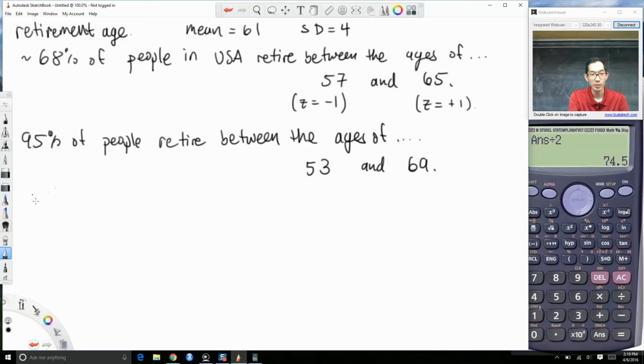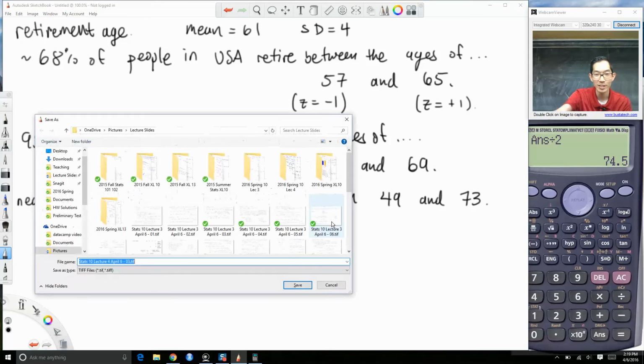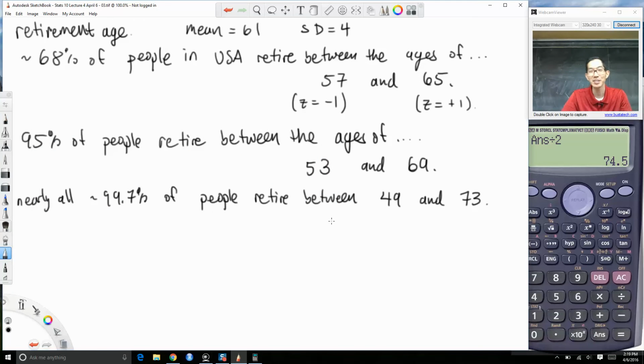And then we would say, nearly all, or 99.7% of people retire between what? 49 and 73. Okay, and so this is the empirical rule, and again I've made up these numbers, but these sound like reasonable statements to make. I don't know if they're true or not, but they sound kind of reasonable.